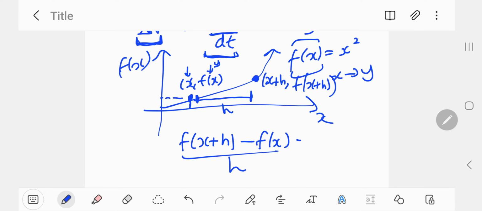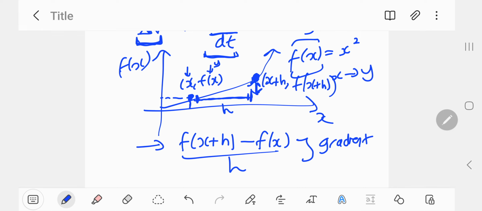This is essentially the slope, or the gradient of the graph. In other words, you've got the difference in the y values, f of x plus h minus f of x, that's why I get this top expression. And the bottom, the change in horizontal distance, is h. So that's why h is at the bottom, just working out the slope.